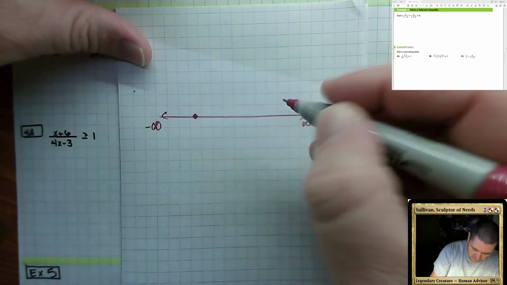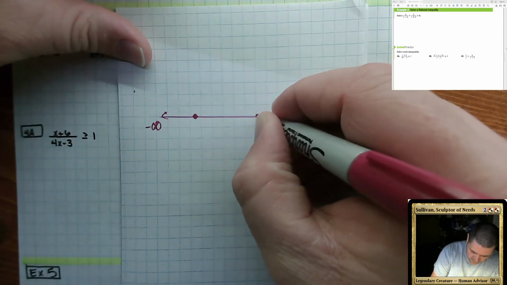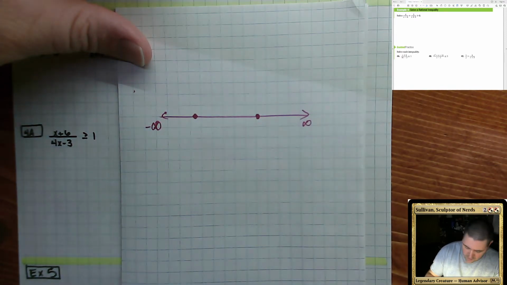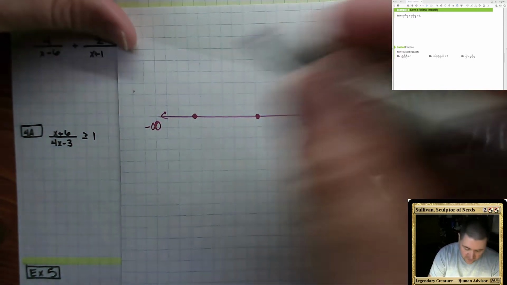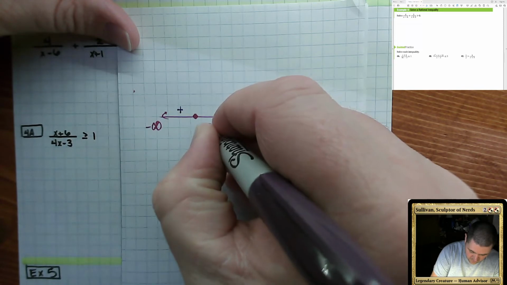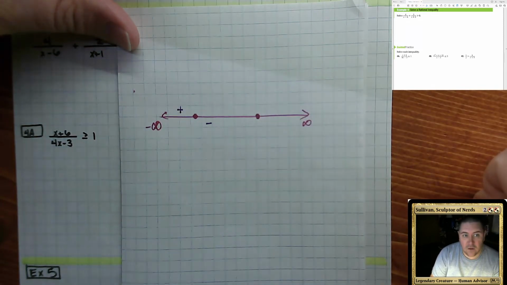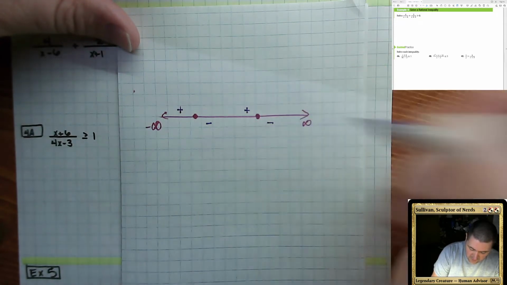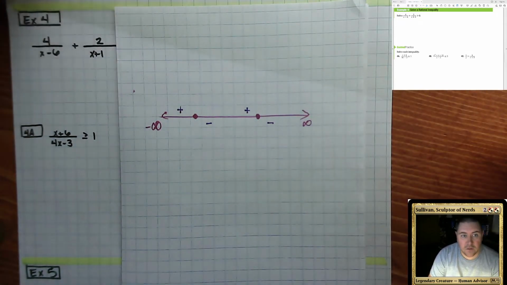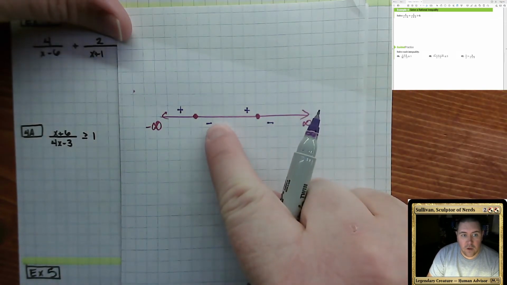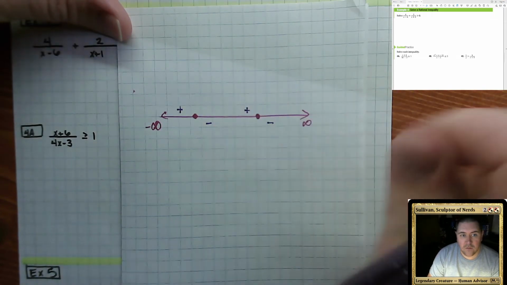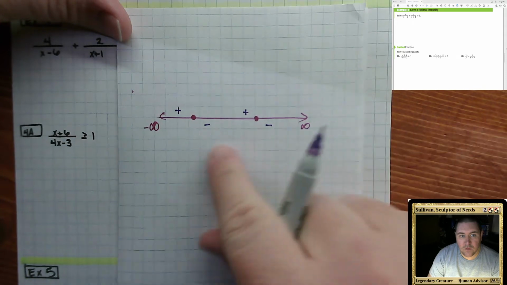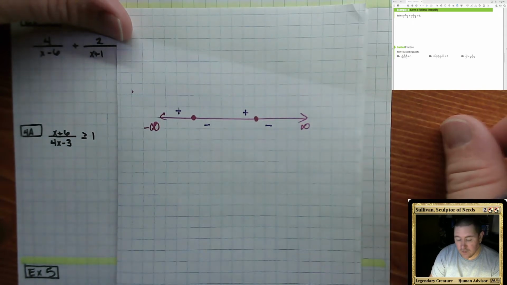Now we know that we can cross from positive to negative at x-intercepts. I can cross from positive to negative at x-intercepts. But how do I go from negative to positive if there's no x-intercept in between?